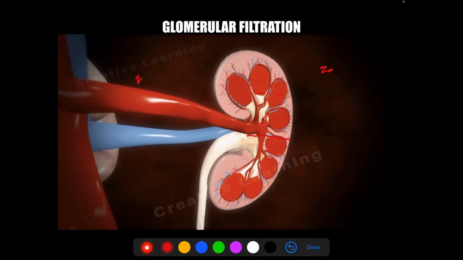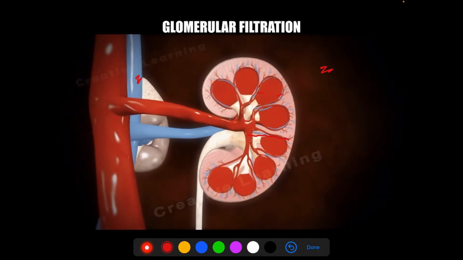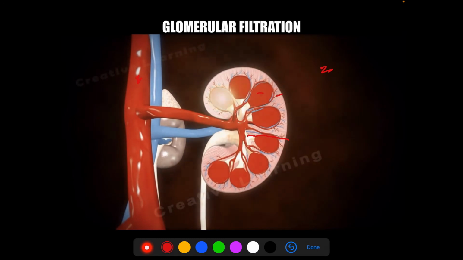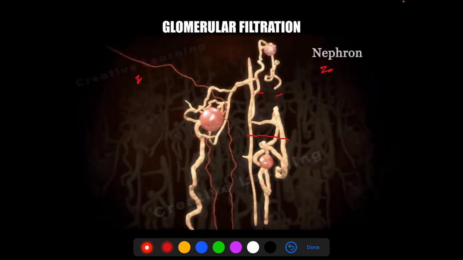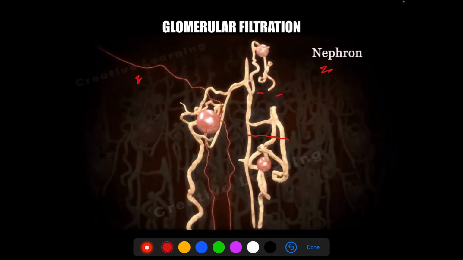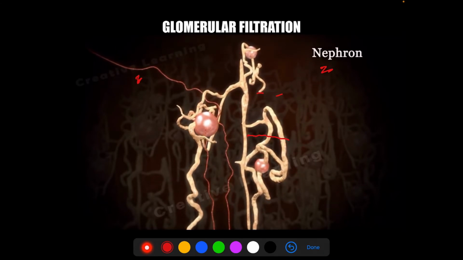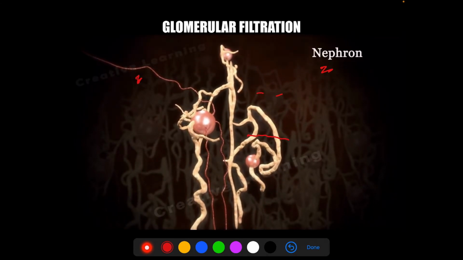If you see a magnified view, this is the cut section of the kidney, and in the magnified view you can see many nephrons inside the kidney.